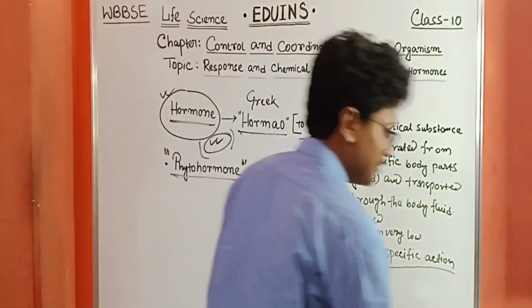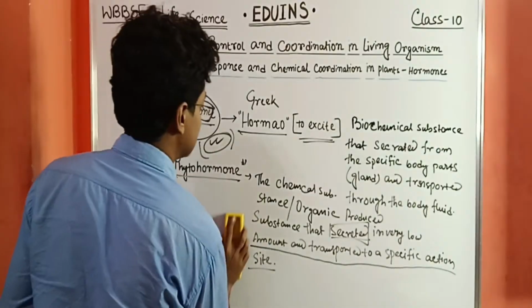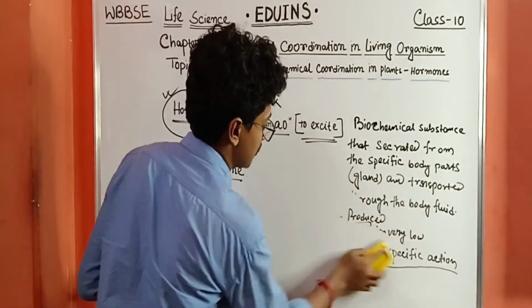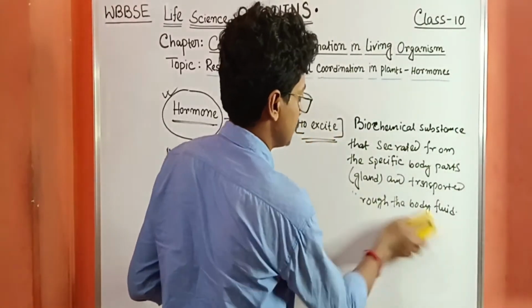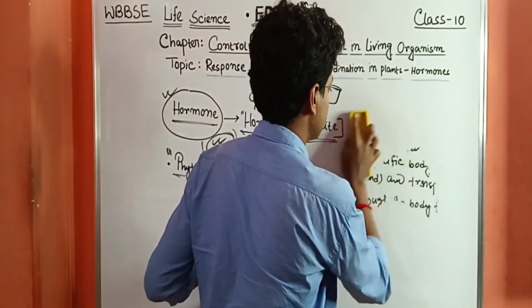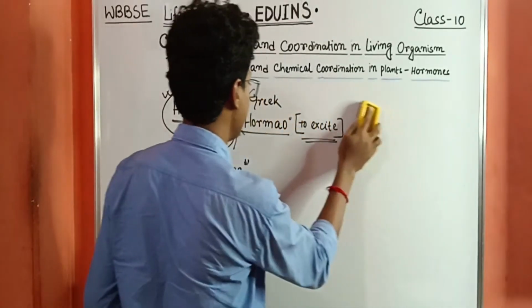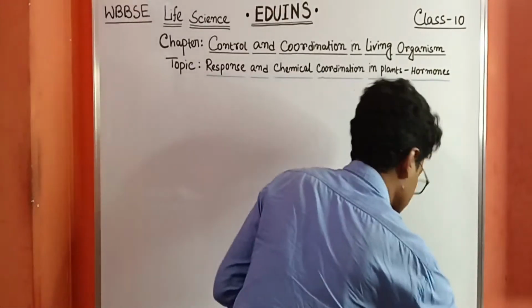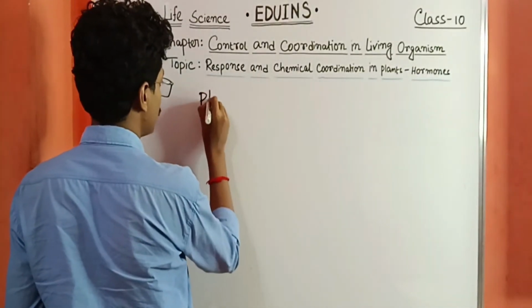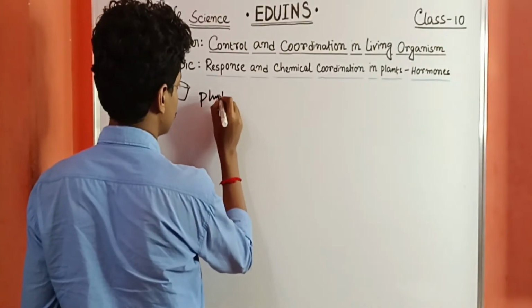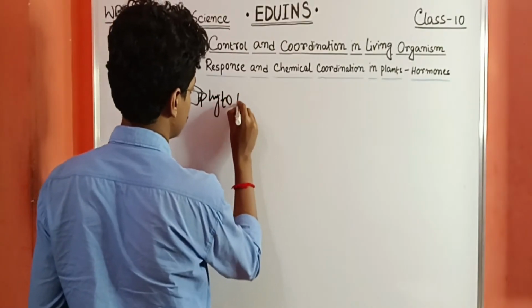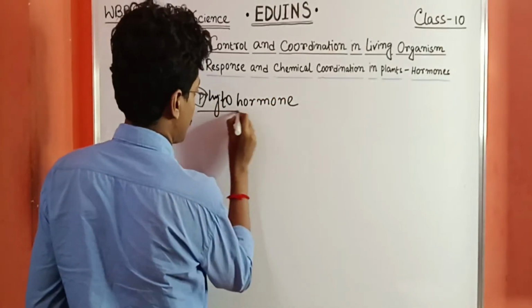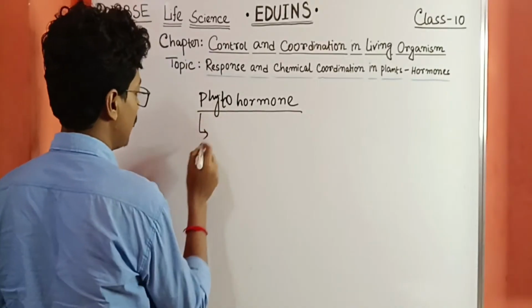So there are mainly three kinds of hormones in your syllabus. What are they? They are phytohormones, mainly three types. Number one is auxin.